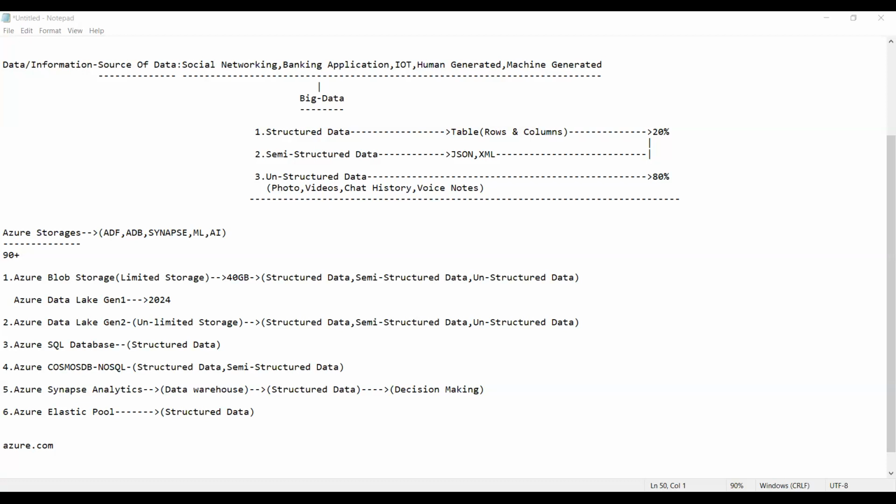I'm just selecting sign in as of now. It says it looks like you already have an existing account. So, sign up for the pay as you go model.